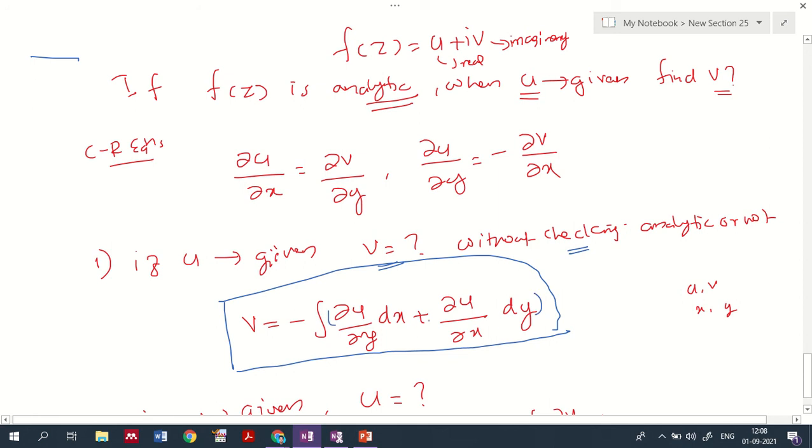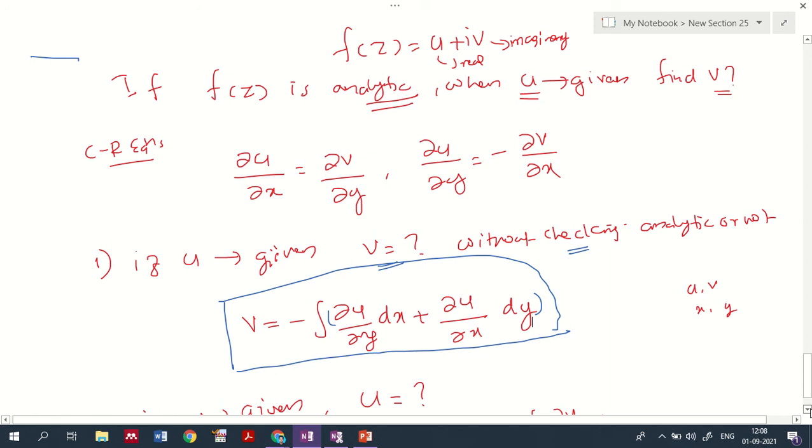So if u is given, you differentiate with respect to y and x and put them into the integration: v equals minus integral dou u by dou y dx plus dou u by dou x dy. This is one way of finding the imaginary part if the real part is given. So note down the equation.